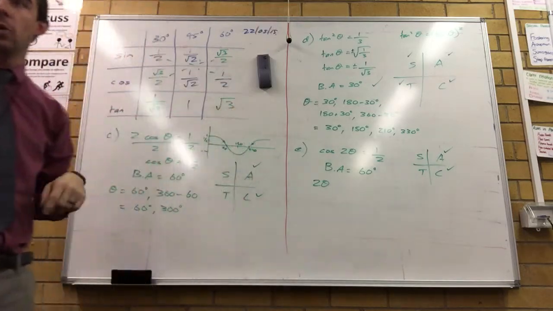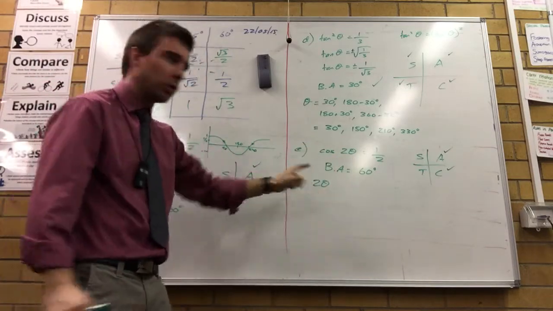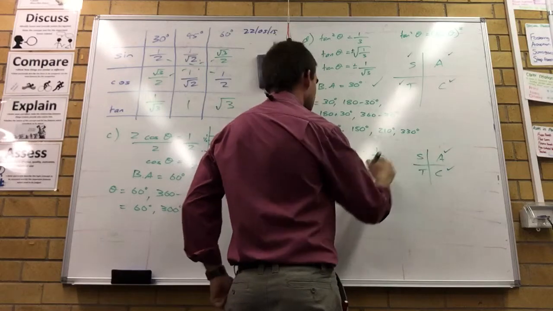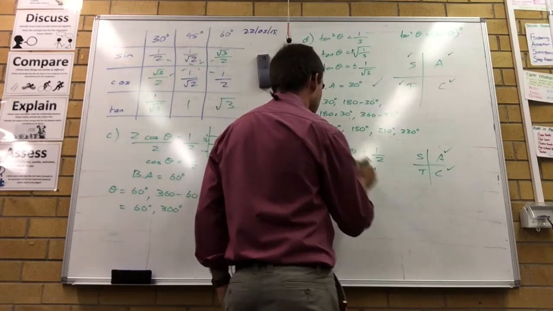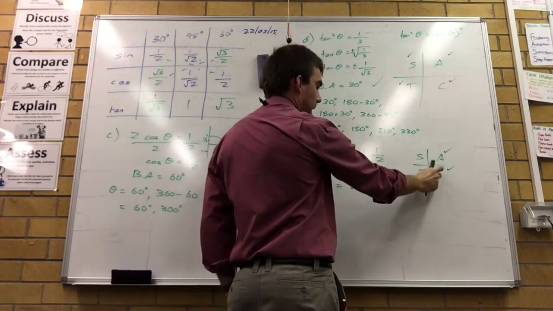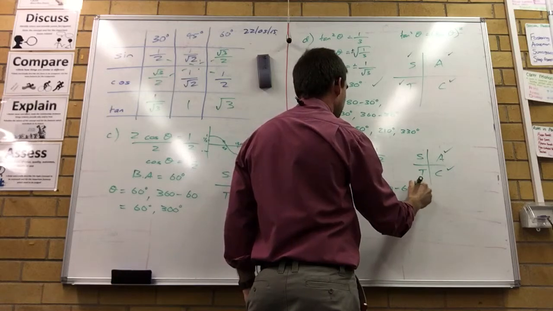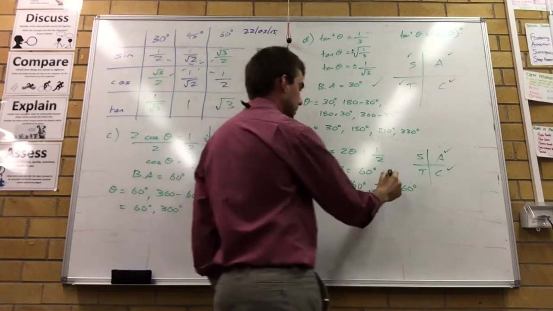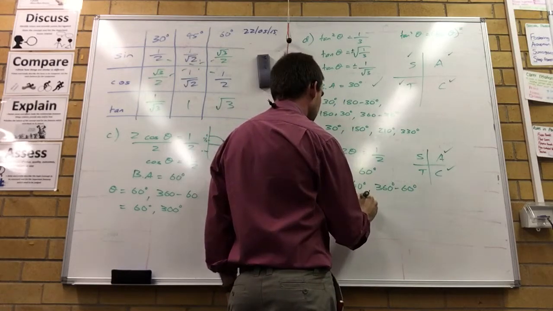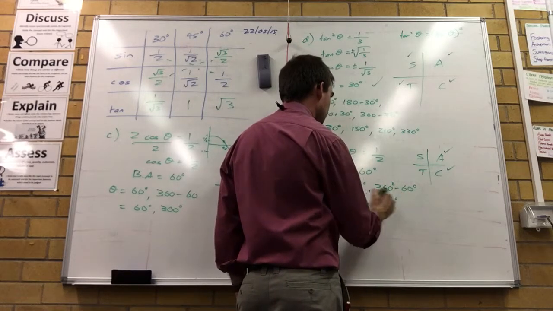Now we have a cos of 2 theta. But that's my starting point, 2 theta equals 60 degrees, the basic angle in the first quadrant, and then 360 take away the basic angle. So that equals 60 and 300.